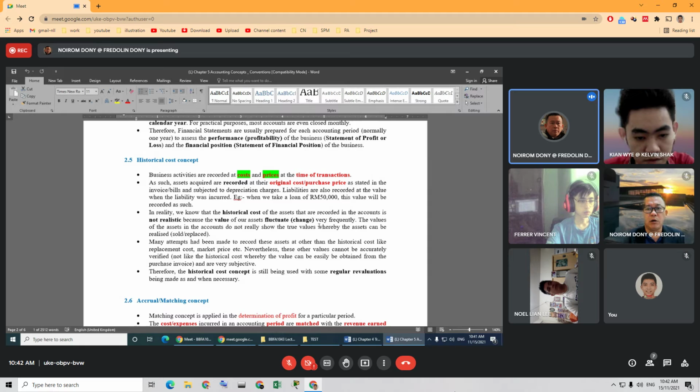You record based on the cost and prices at the time of transaction, which is evidenced by the source document, so it is a more objective value. We don't record according to market price or replacement cost because this value is very subjective. So that is the historical cost concept.